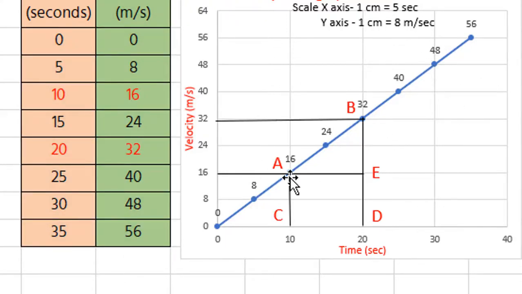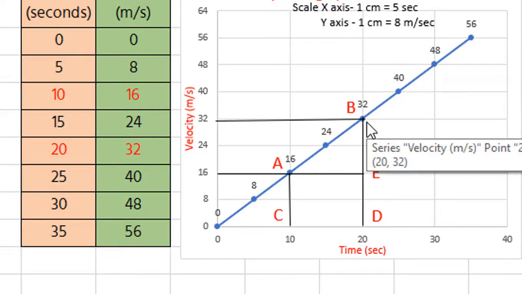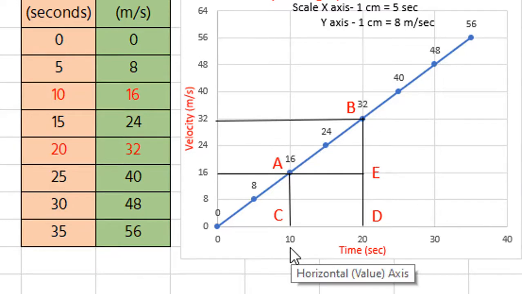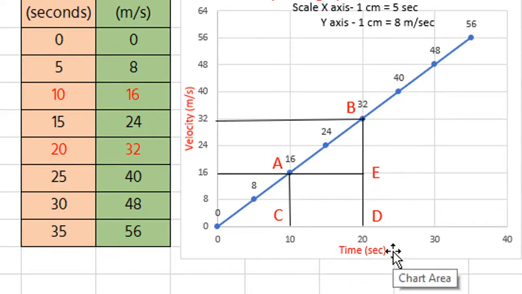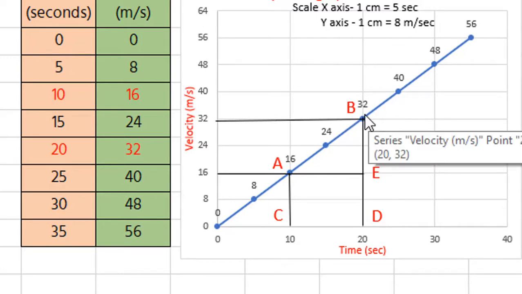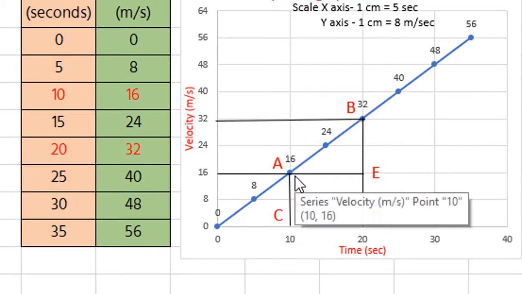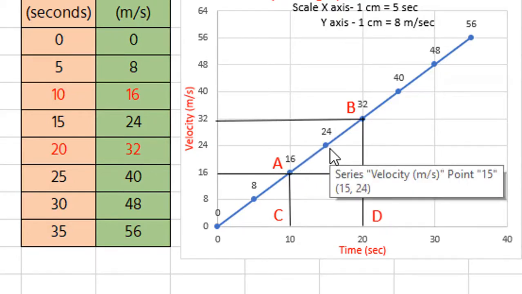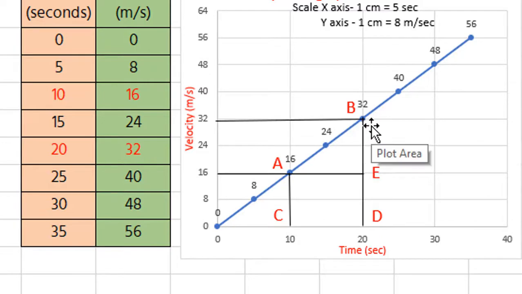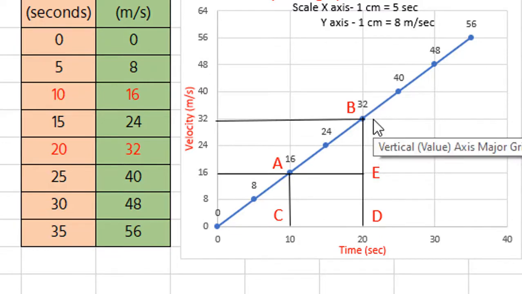For the calculation we have taken these two points A and B. In the time interval from 10 second to 20 second, from A to B, that train is moving with velocity 16 meter per second, 24 meter per second and finally 32 meter per second.